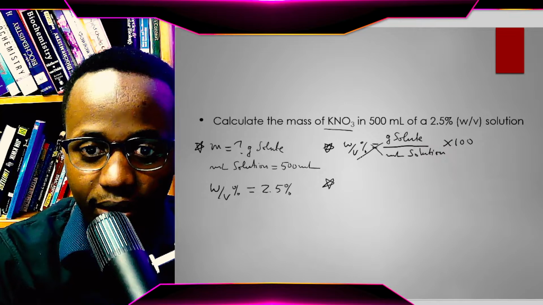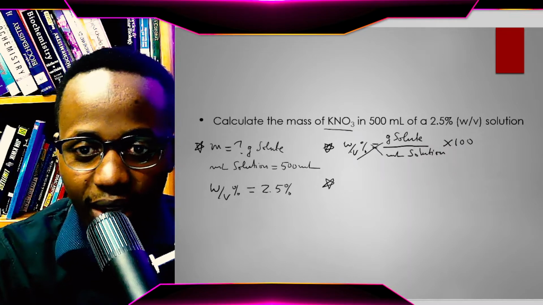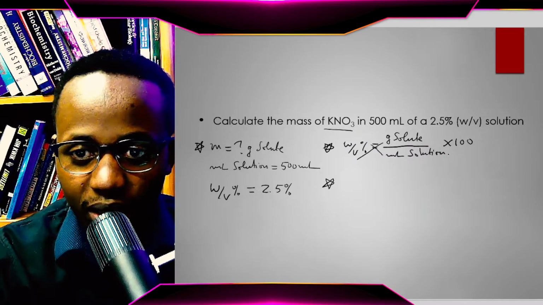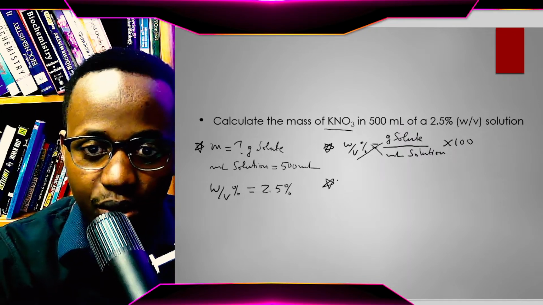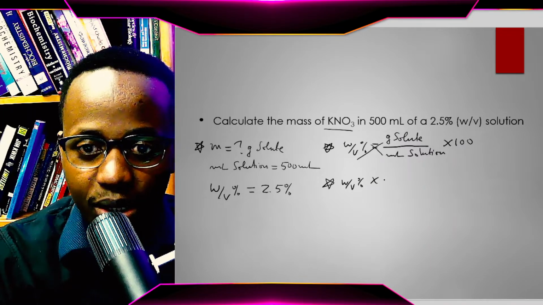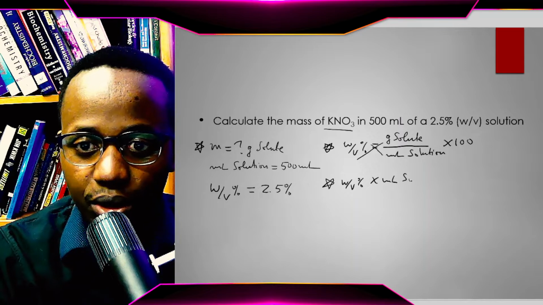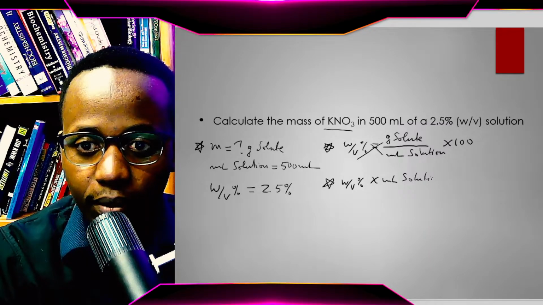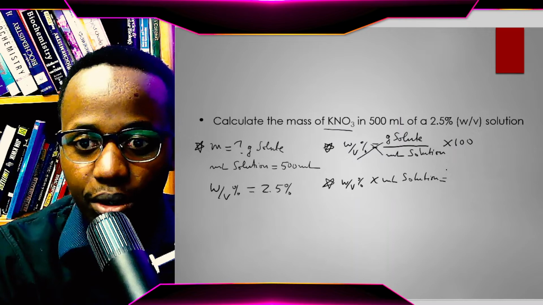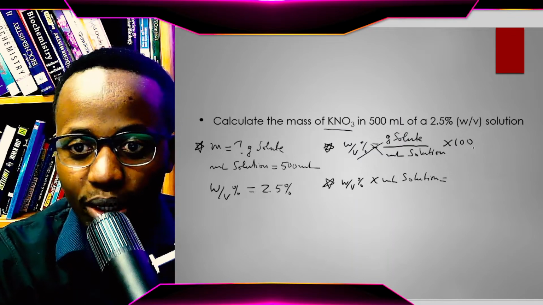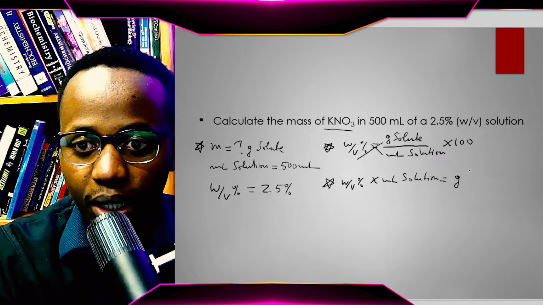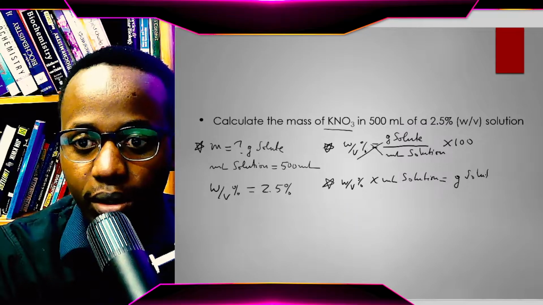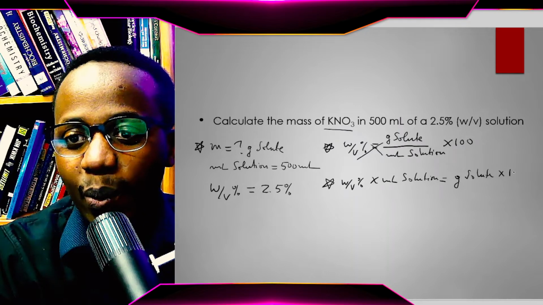like this, right? And this is where a lot of people get it wrong. They don't know where to put 100. So here, this would result in weight per volume percent times ml of the solution is equal to grams of solute times 100. 100 is at the top, so it's equal to grams of solute times 100.